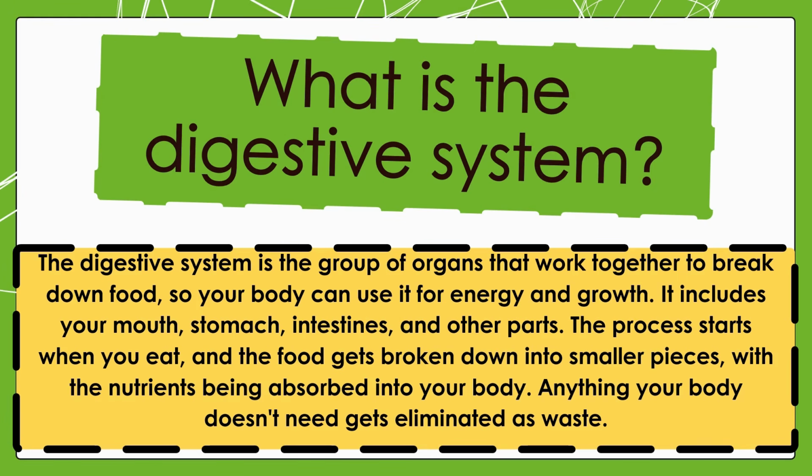It includes your mouth, stomach, intestines, and other parts. The process starts when you eat and the food gets broken down into smaller pieces, with the nutrients being absorbed into your body. Anything your body doesn't need gets eliminated as waste.